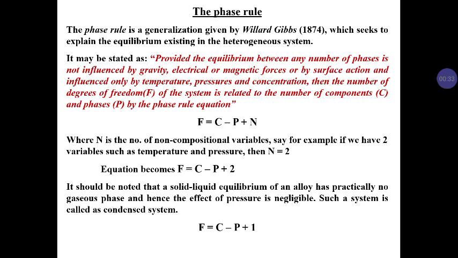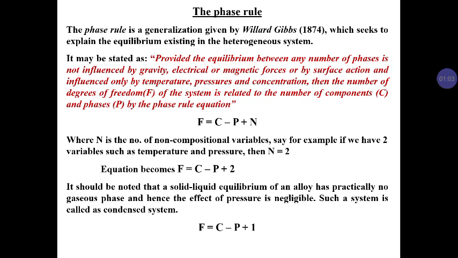The statement is: provided the equilibrium between any number of phases is not influenced by gravity, electrical or magnetic forces, or by surface action, and influenced only by temperature, pressure and concentration, then the number of degrees of freedom of the system is related to the number of components and phases by the phase rule equation F = C - P + N.